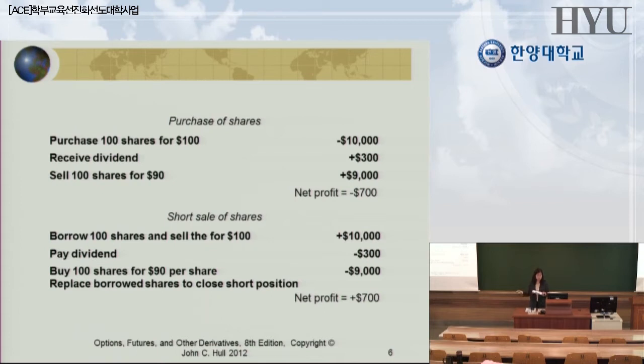And the net profit is plus $700. So when we expect stock prices will go down, short selling can be a good method.